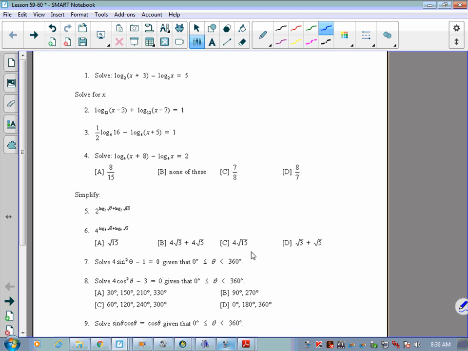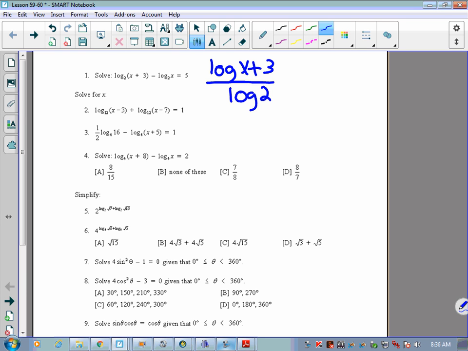The first thing we're going to do is take our first term on the far left-hand side and solve it by itself, which means we're going to say log of (x plus 3) over log 2. That gets everything into log base 10.